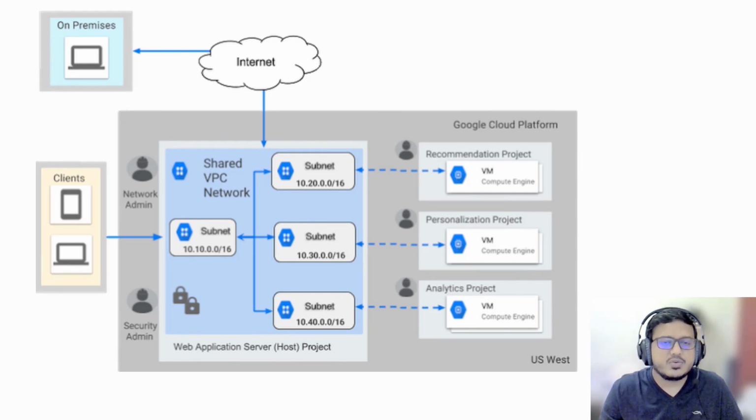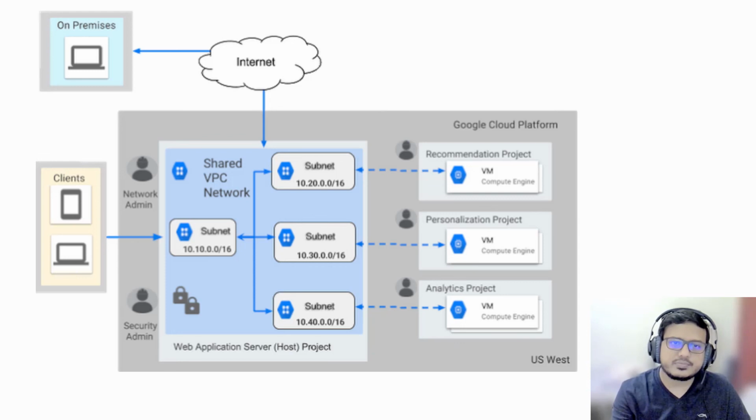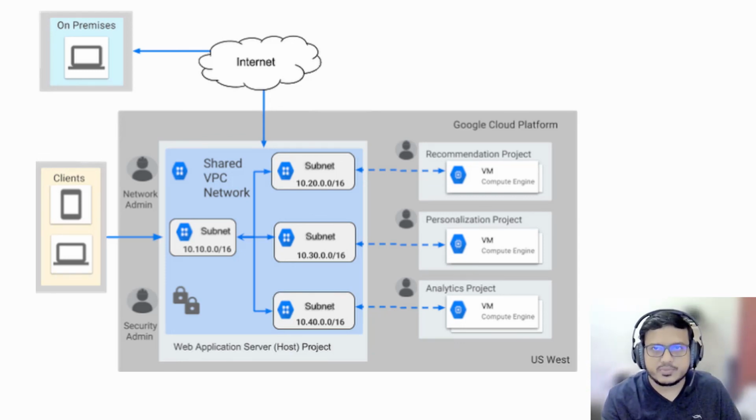And you have VPC flow logs to capture the traffic information going in and coming out. And you can also use a feature called bring your own IPs, where if you have some static IPs, they can be used in your Google Cloud Platform.